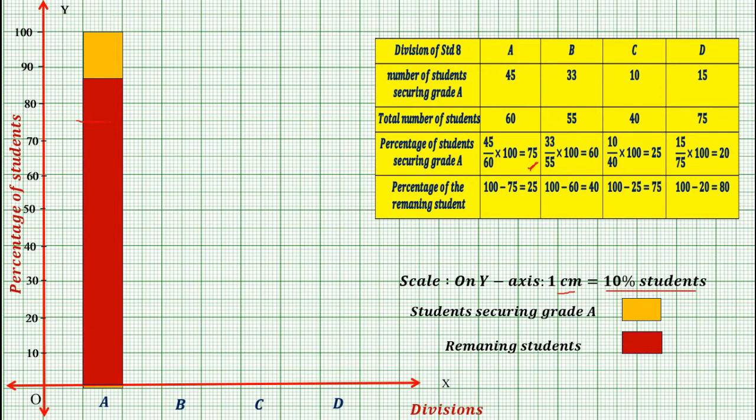Here is the mark for 75%. So it would be up to this area only. Okay, this one is 25, this one is 70 and this one is a 75. So up to this area we can make the bar graph showing for the passing students for A grade.